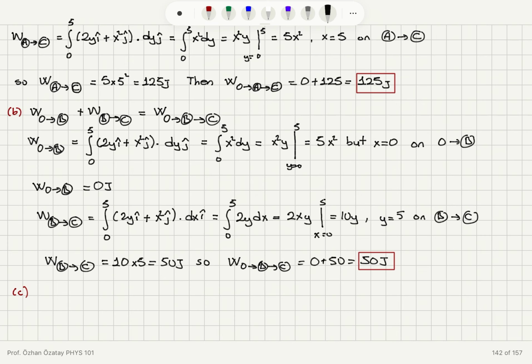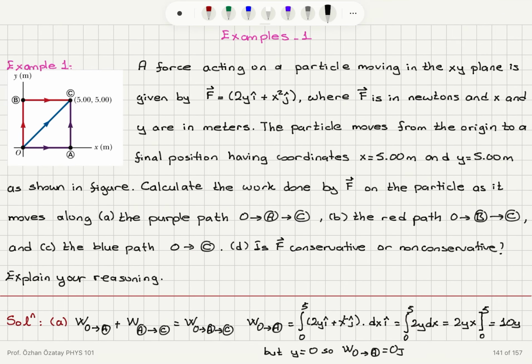So now I have to find the incremental displacement vector here, dr, which is in general given as dx i hat plus dy j hat. Along this path, I want to know the relationship between x and y. I go from (0, 0) to (5, 5) on a linear path.